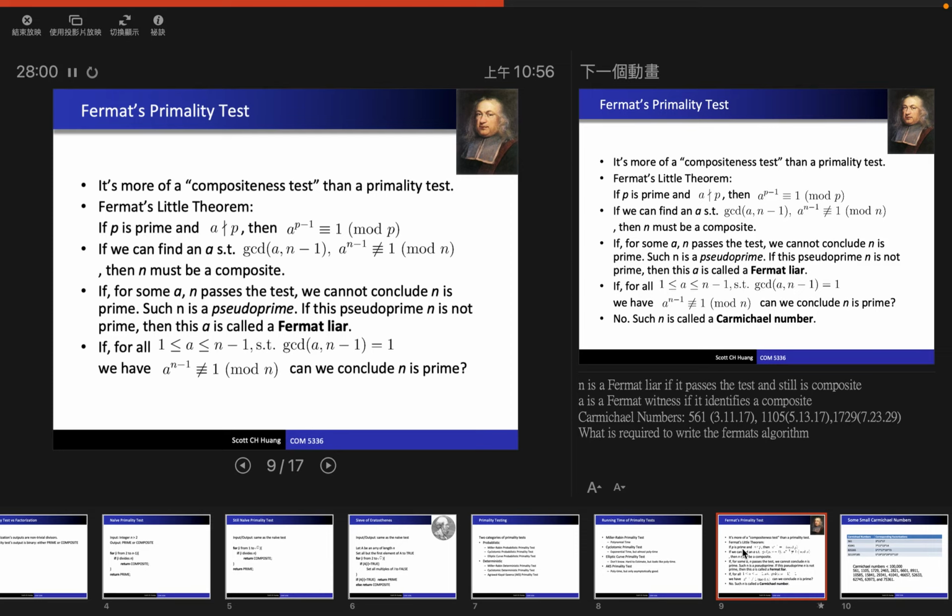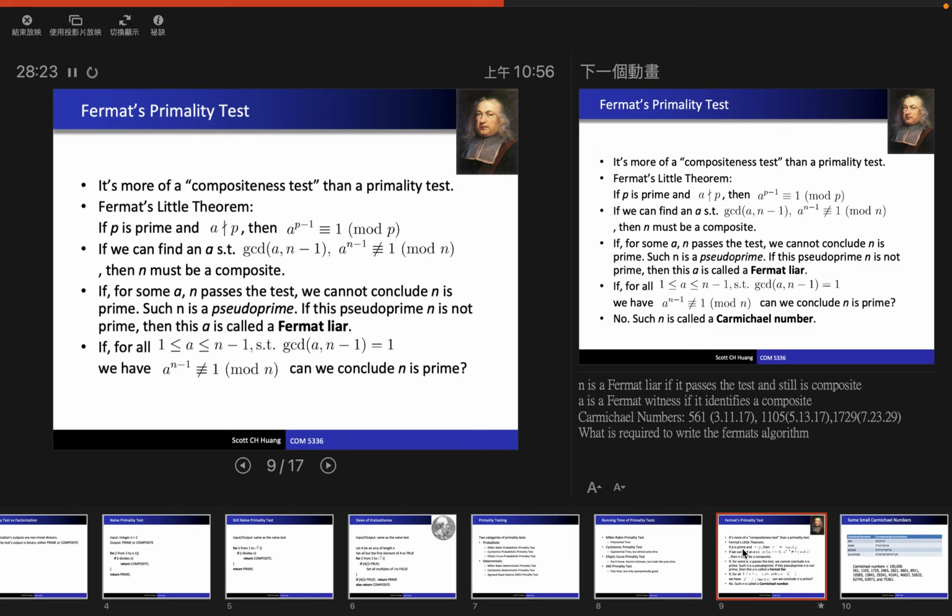If you find an a such that it violates Fermat's little theorem, we're done. But if you find an a such that Fermat's little theorem still holds, it doesn't tell you anything. You're unfortunate, so this instance is wasted. We cannot conclude it's prime.